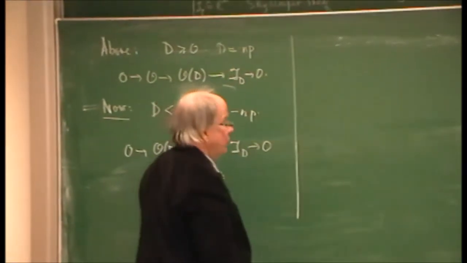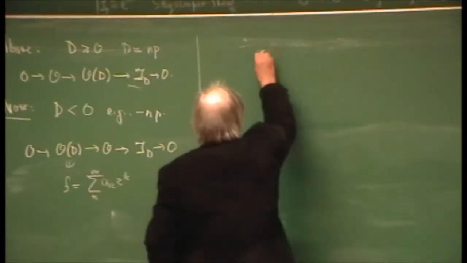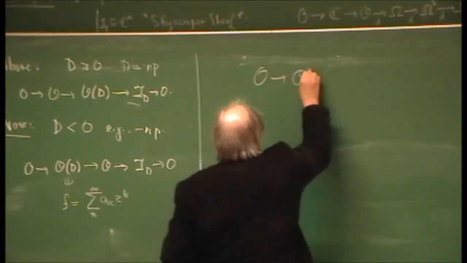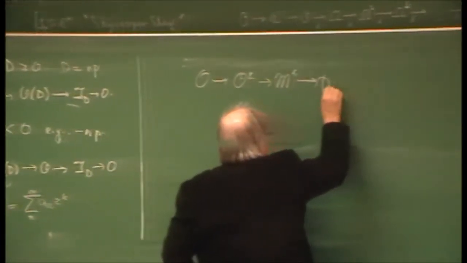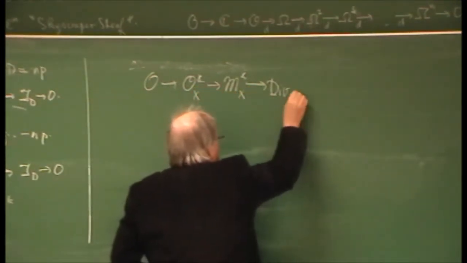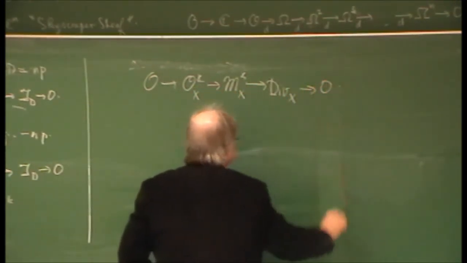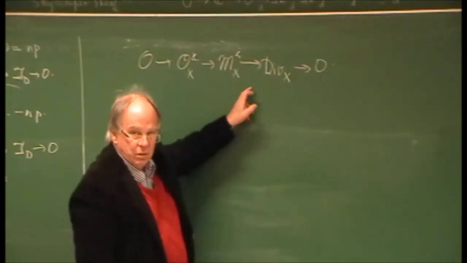And now back to what we're just talking about, okay? This is what I was just talking about, this sequence here. Let's put X's everywhere. I think what Mihai was worried about is this mapping here.